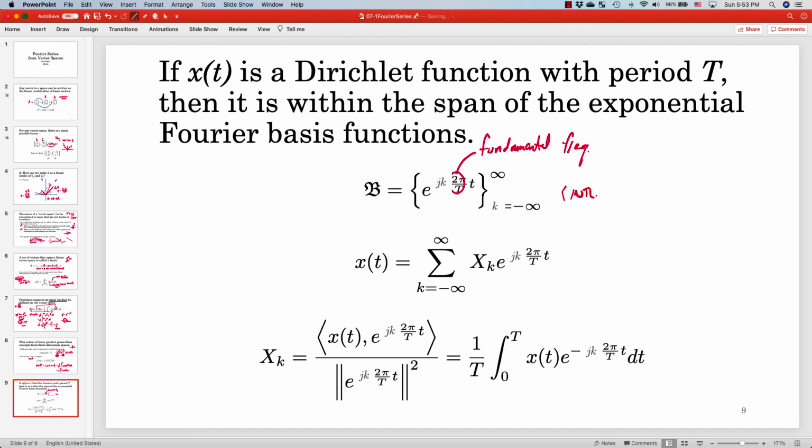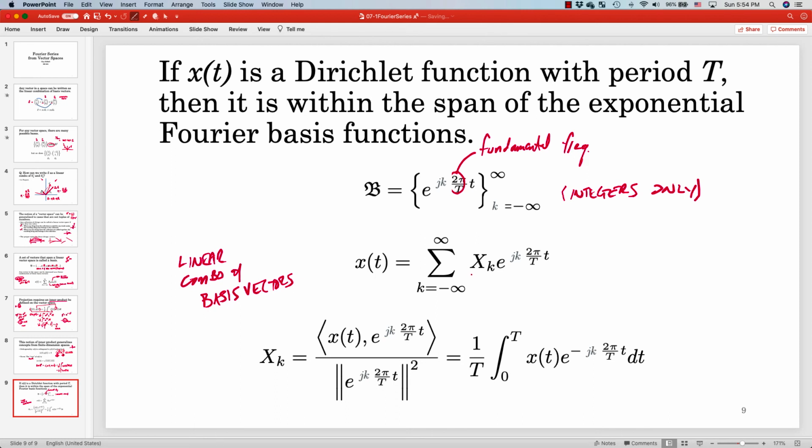That's important. Integers only. The claim is that if this function satisfies the Dirichlet conditions, then you can write this function, also known as a vector, as a linear combination of basis vectors.